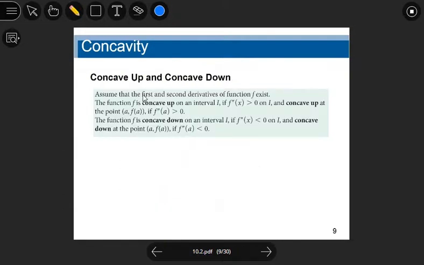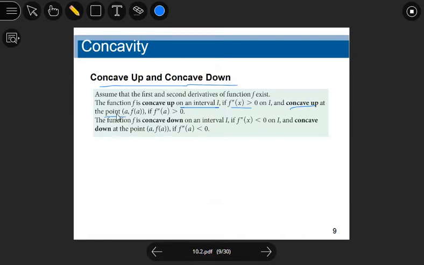So let's look at this definition. This is very important. How can we find concave up and concave down mathematically? The function f is concave up on an interval I if the second derivative is positive, and concave up at some point. So first we talk about concavity of an interval and then concavity at a point.